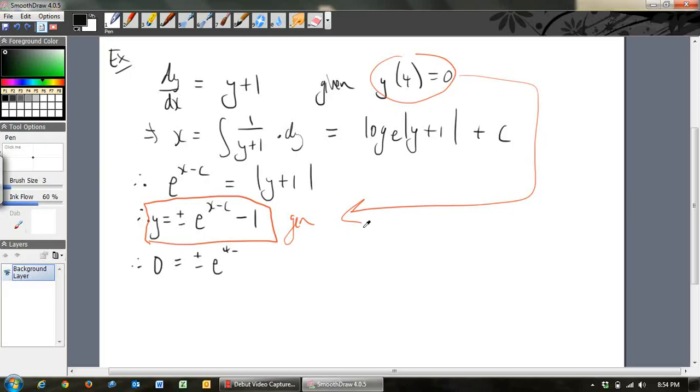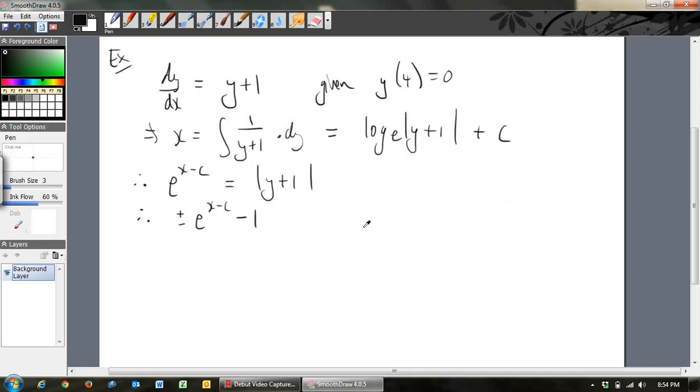Let's have a look at this again. If I had figured out c at this point instead, the question becomes much easier. You're not dealing with logs and anything like that, you'll be dealing with much nicer numbers. So x is equal to 4, and 4 equals log e of y plus 1, where y is 0, plus c, and we just need to solve this for c.